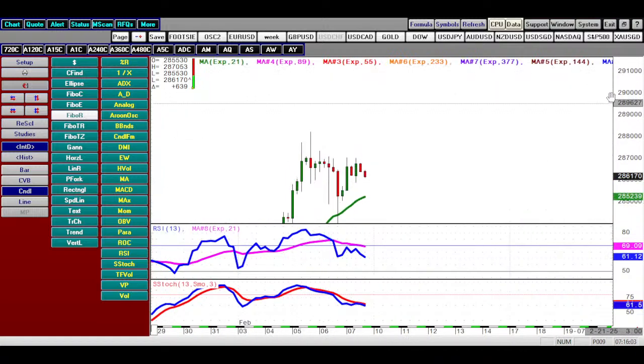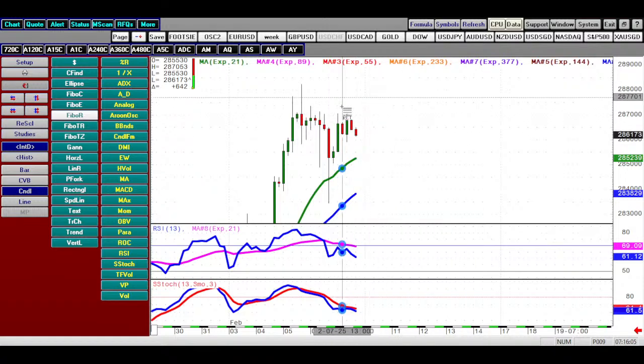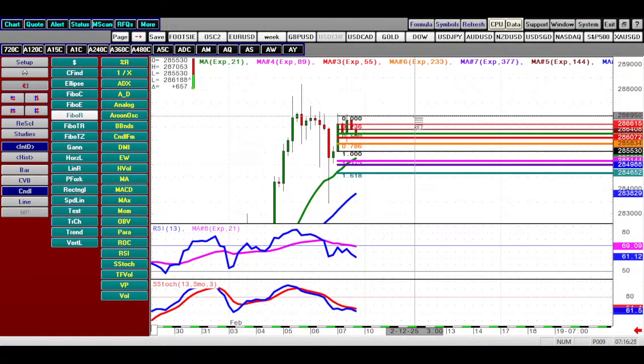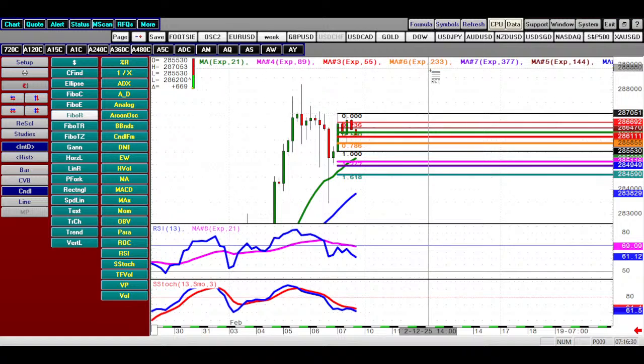Okay, if you look into this gold, chances are this is within a range between 2870 half and 2855. So if 55 breaks, we can see an extension towards 2851.